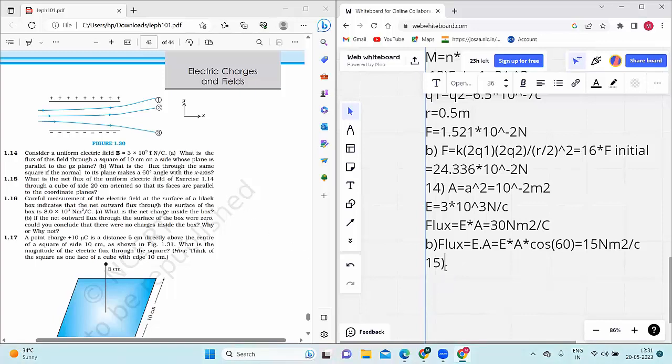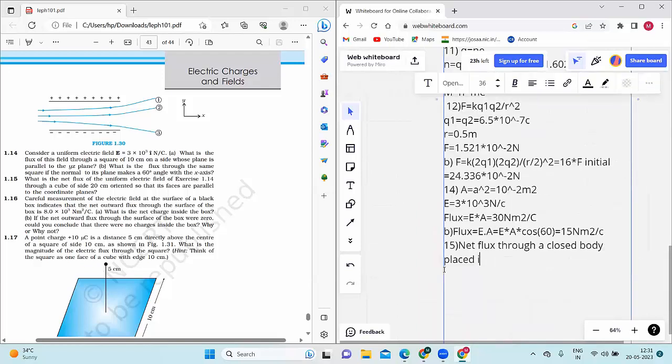The net flux through a closed body placed in a uniform electric field is zero.